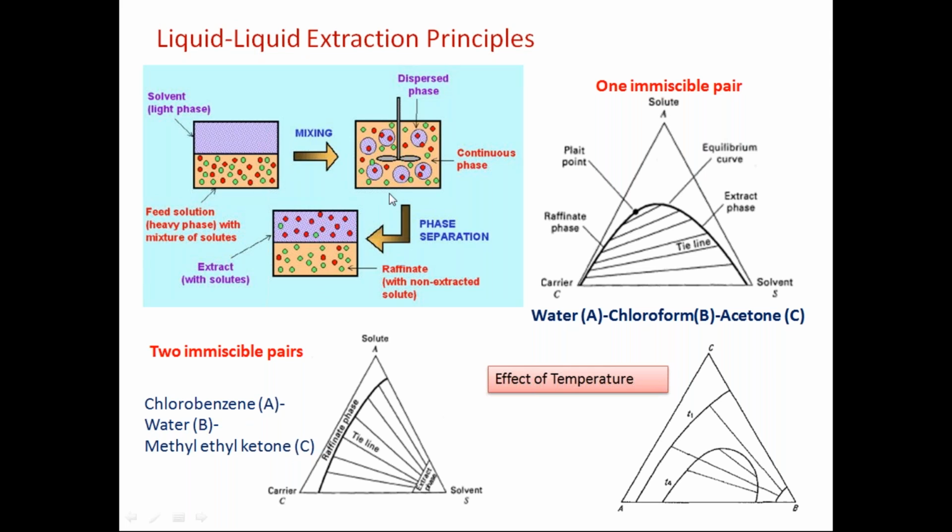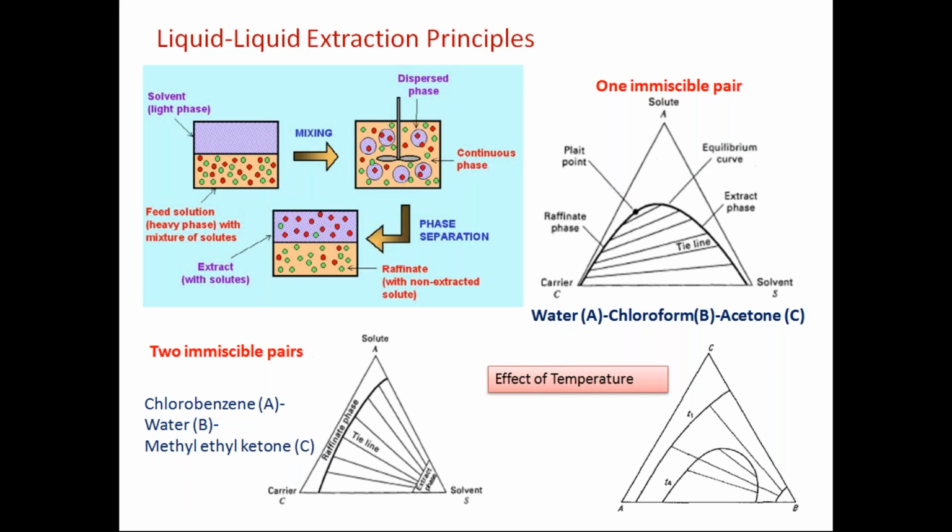Usually we represent this in a ternary diagram because there are three liquid components, that is A, B, C. So usually you get a binodal curve, as I have explained in the last class, that there will be a plait point, and the plait point is analogous to your azeotropic point in vapor liquid equilibrium.